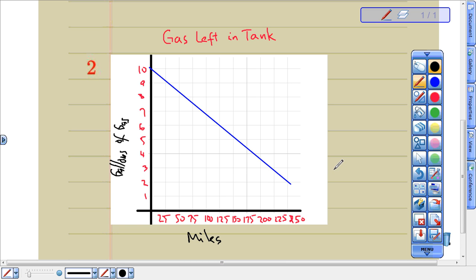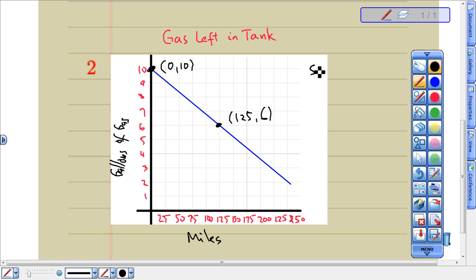To find the rate of change here, first we will have to identify 2 points on the graph. For the first point, we're going to use the very top one with the coordinates 0 and 10, and for our second point, we're going to use this point right here with the coordinates 125 and 6.